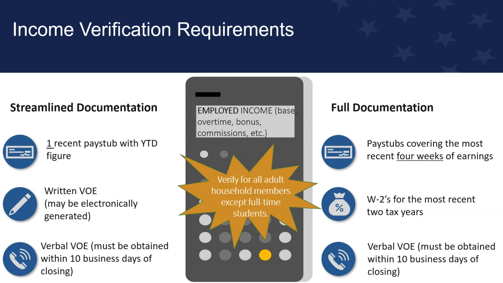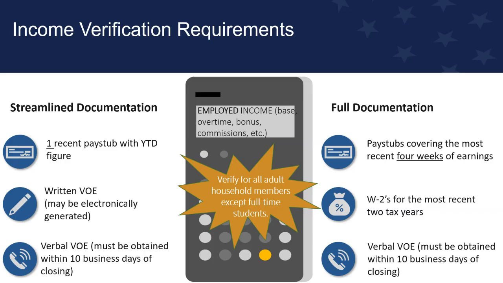Vendors are required to verify the income of all adult household members, except for eligible full-time students, using one of the following documentation methods. We have the streamlined documentation and the full documentation. For streamlined requirements, you will need 1 recent pay stub with year-to-date figures, a written VOE, and a verbal VOE within 10 business days of closing.